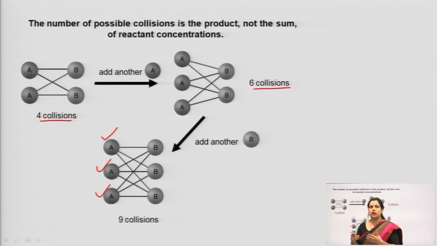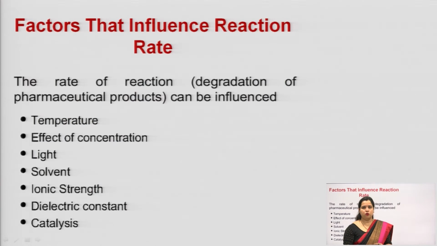So, a total of 9 collisions will be there to get the desired product. So, this basically represents the number of particles participating in the interaction or making collisions with other particles to give you the desired product, and this comes under collision theory. So, basically the reactant concentration effect is explained by this collision theory.